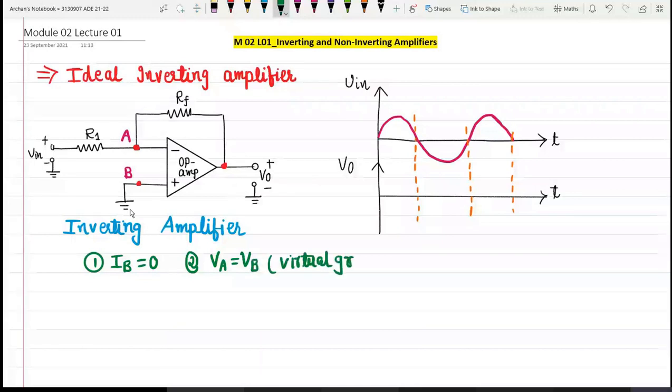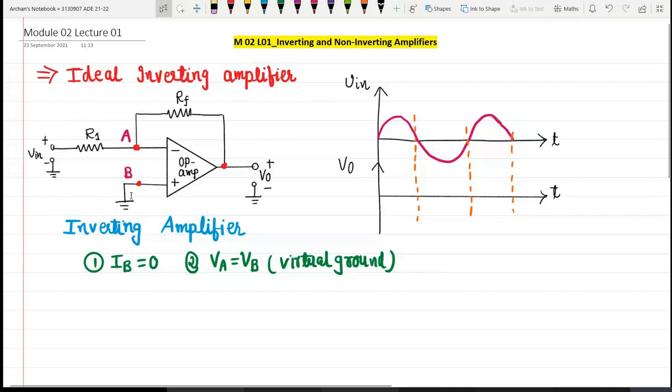Here, terminal B is grounded, so definitely B is at zero potential, and according to the virtual ground concept, terminal A will also be at zero potential. So VA will be equal to 0 because VB is at 0.